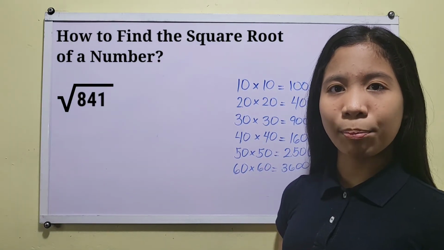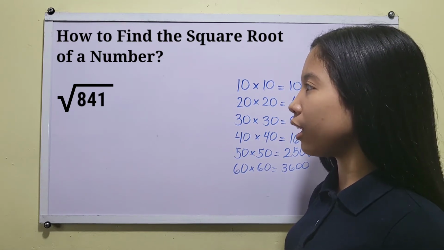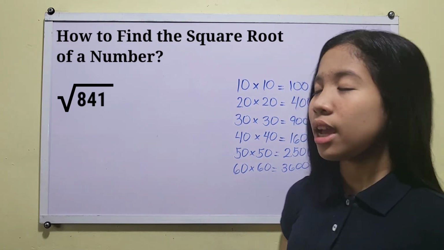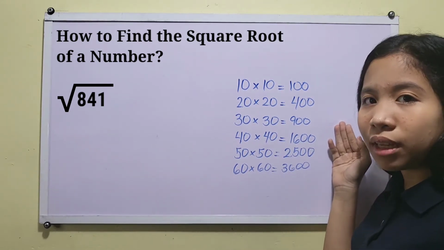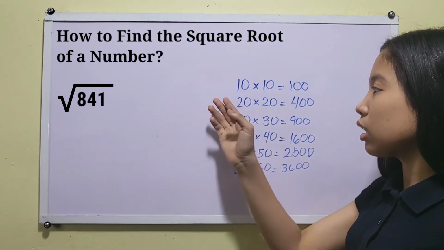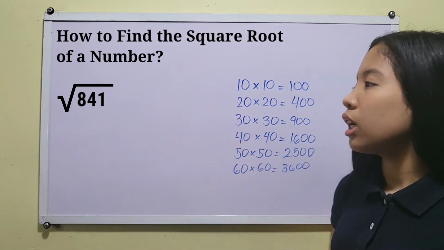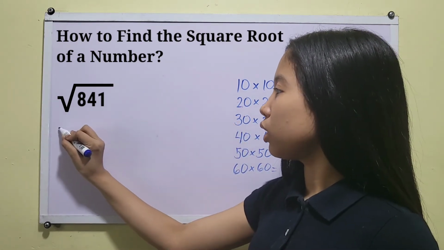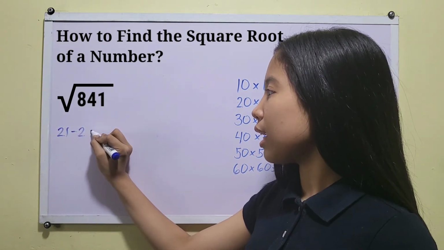For the next example, we are going to solve for the square root of 841. And 841 is between 400 and 900. So that means our square root is larger than 20 but smaller than 30. So the range of our square root is 21 to 29.